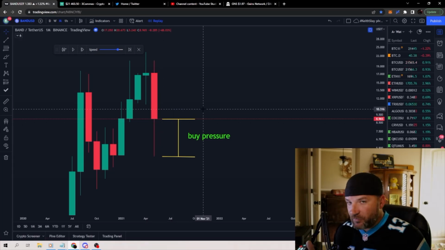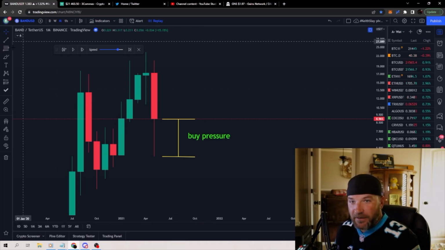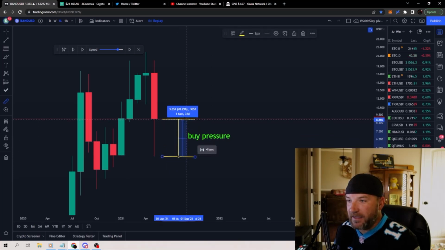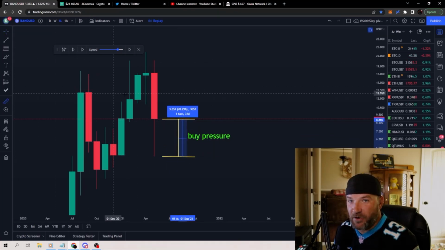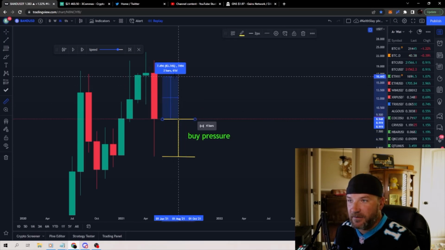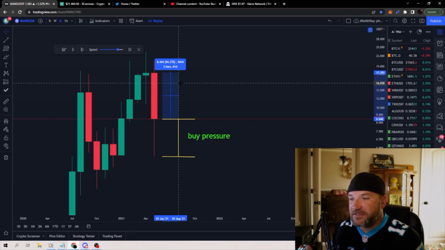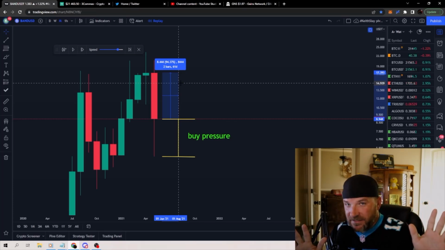Now, a good rule of thumb: if the wick on the bottom is longer than the candle body, and in this situation it's not, let's measure that. This candle wick is 70%. That's pretty darn big. This candle body, 94%. So the wick on the bottom isn't as large as the candle body. This tells us we have good buy pressure, not, oh my God, amazing buy pressure.